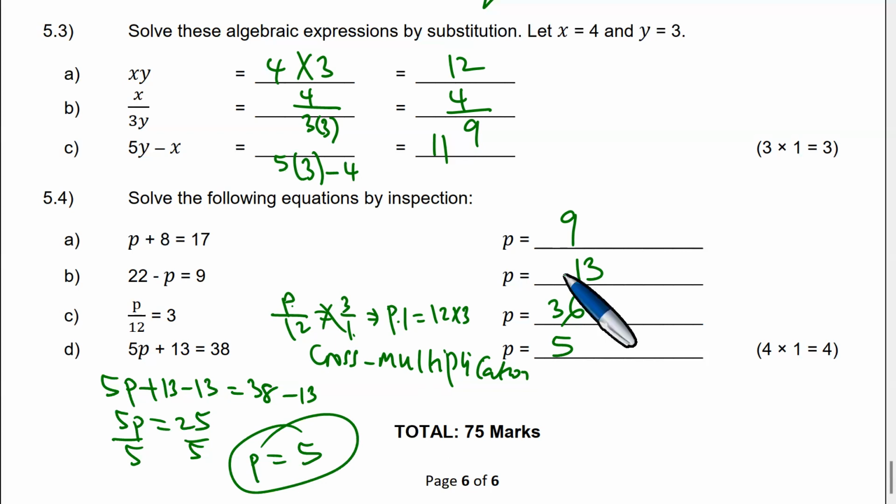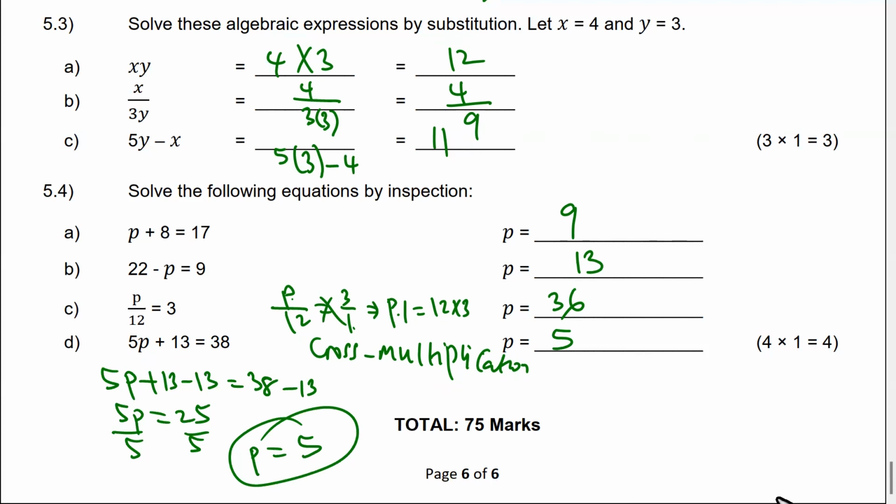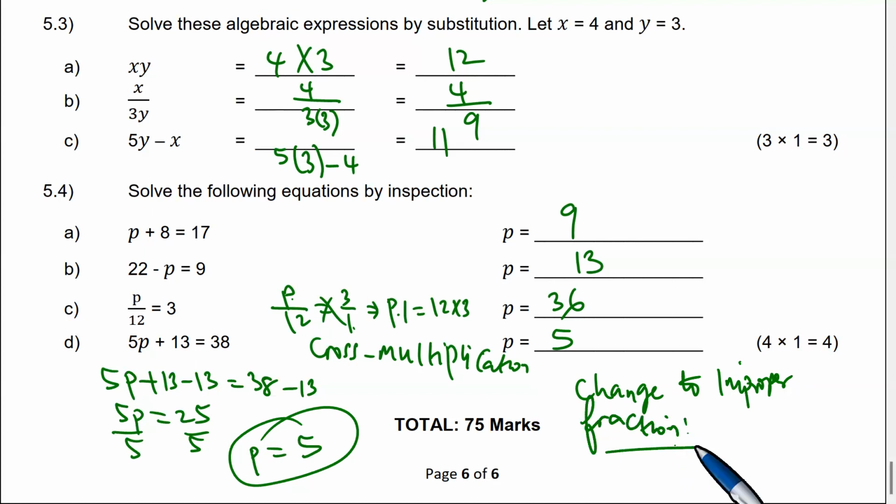Last question. Okay, this was the end of the paper. Change to improper fraction. 1 and 7 out of 8. What's the answer?